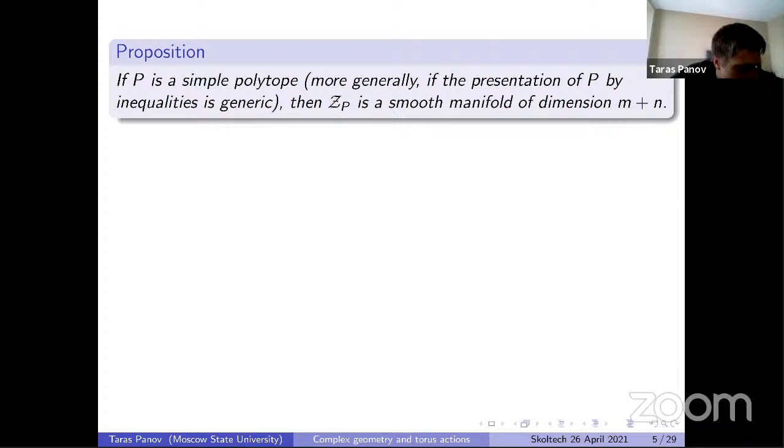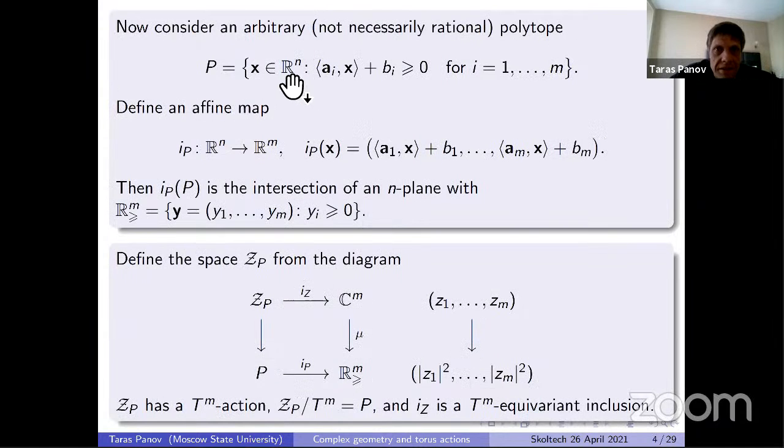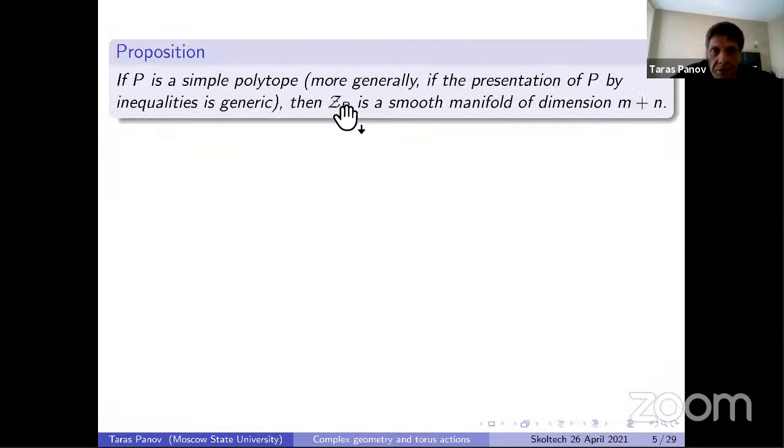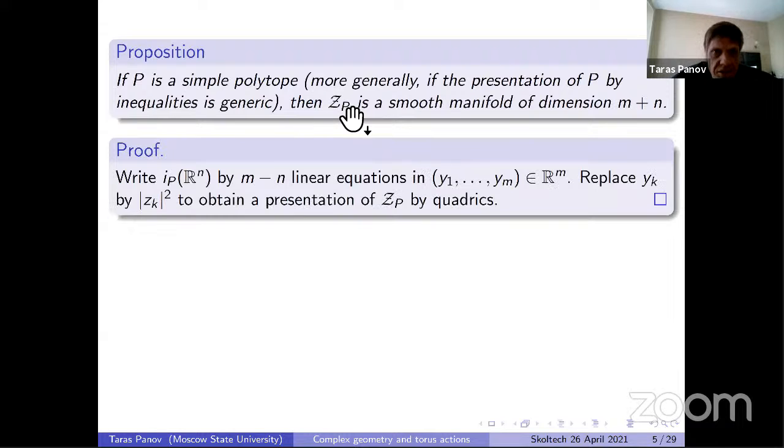The bounding hyperplanes are in general position at each vertex, so at every vertex precisely n facets meet. If this presentation is generic, then you get a smooth manifold from this construction. And this is again just an exercise in Gale duality, where one general position condition translates into another.